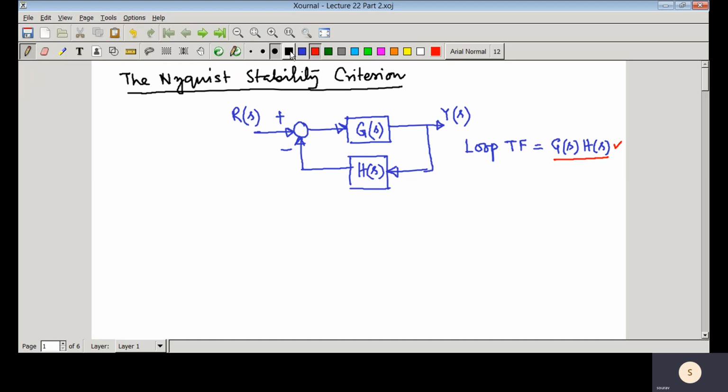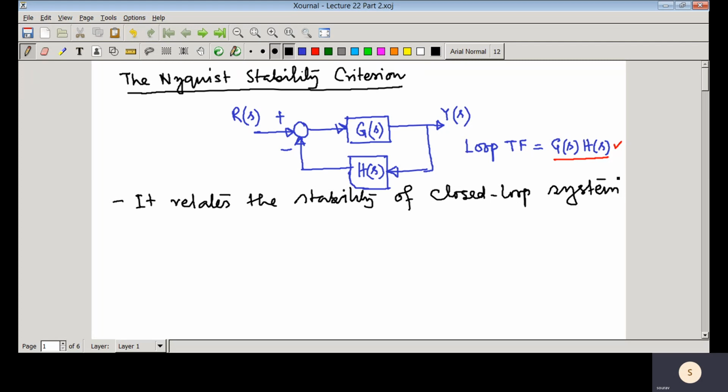So basically the Nyquist stability criterion relates the stability of the closed loop system to the loop transfer function frequency response.